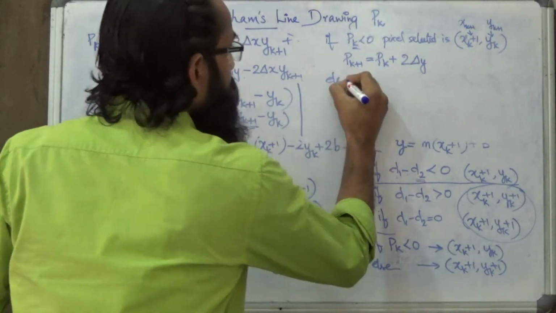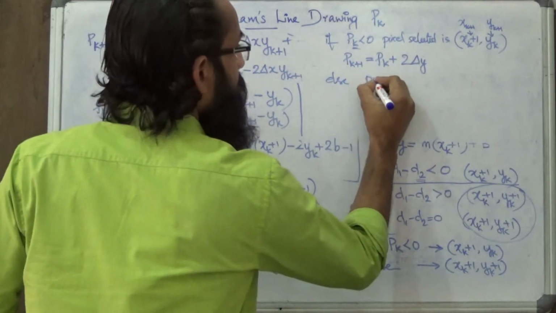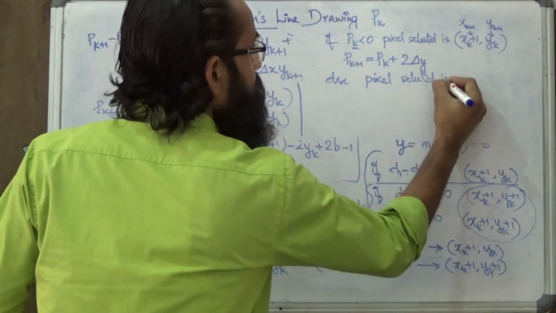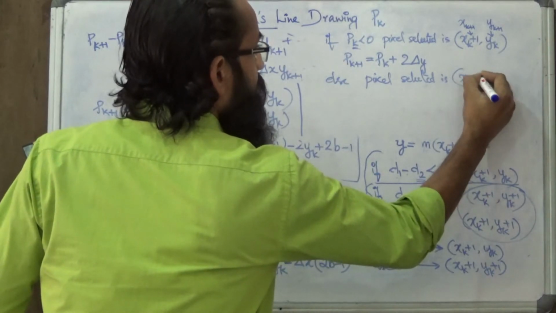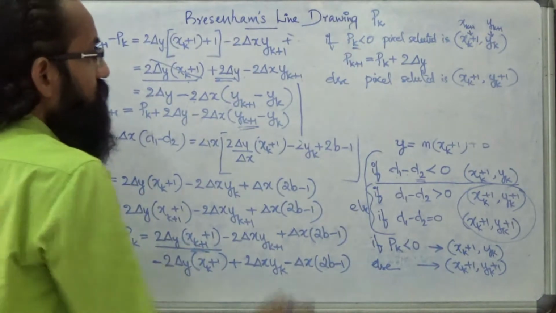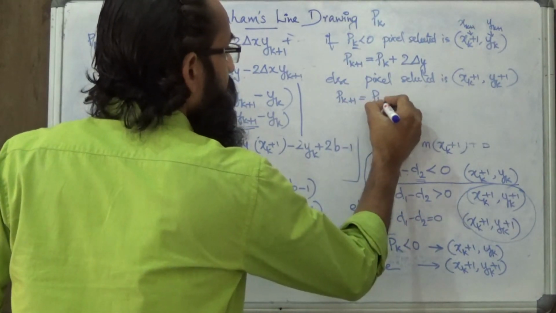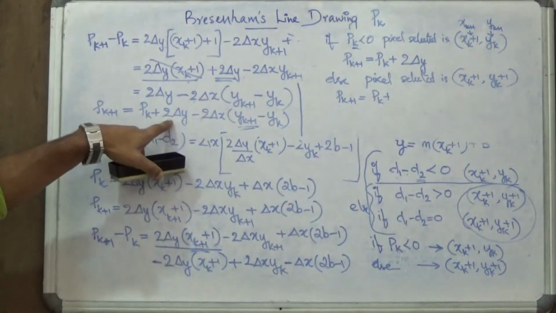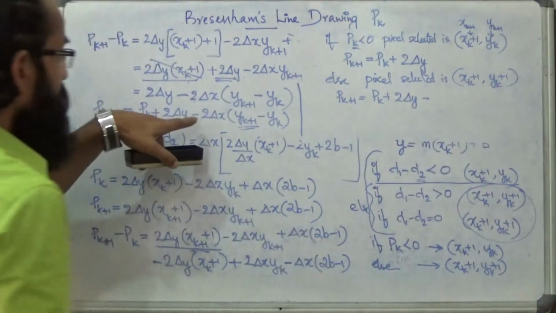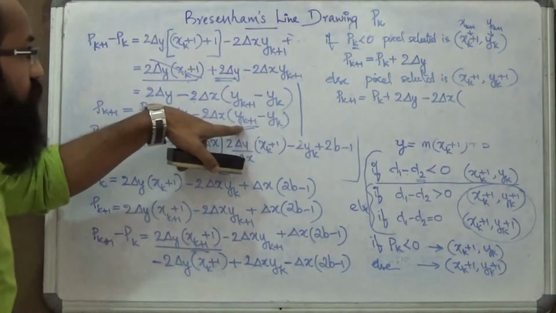If this condition is not satisfied, else the pixel selected is xk plus 1, yk plus 1. So what about pk plus 1? Pk plus 1 equal to pk plus 2 delta y minus 2 delta x into, what about yk plus 1?